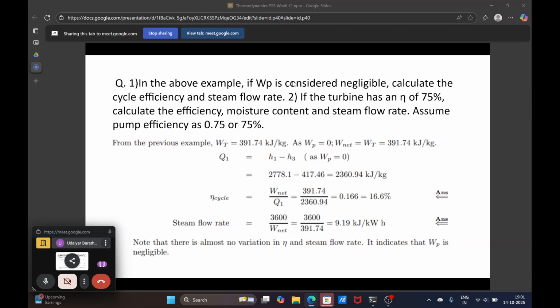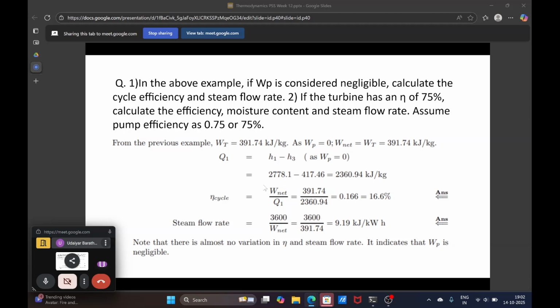For the first case, with the pump work 0, the heat input is 2778.1 minus 417.46, which gives Qin as 2360.94 kilojoule per kg.